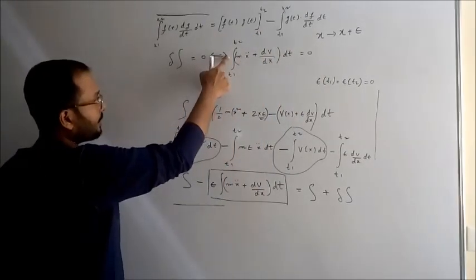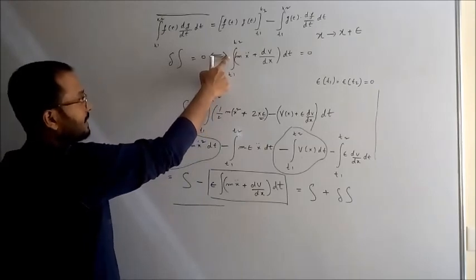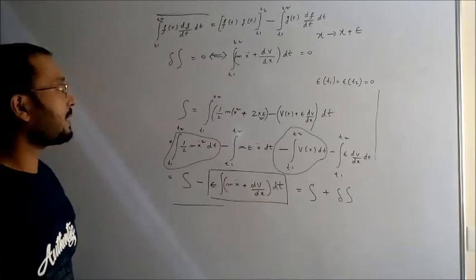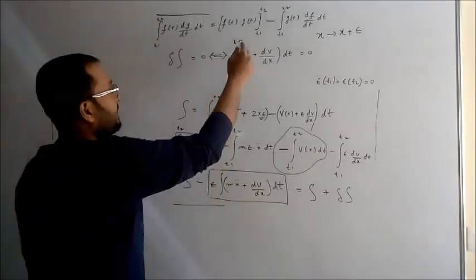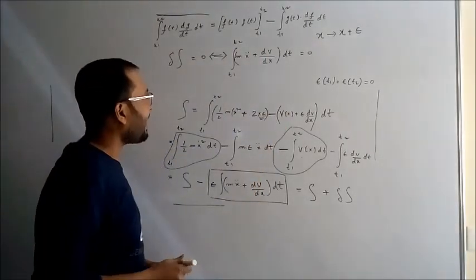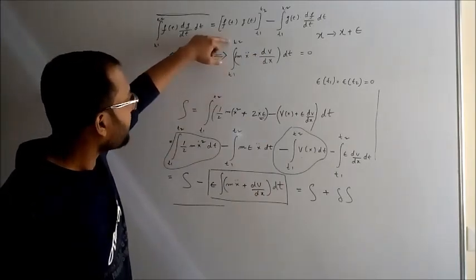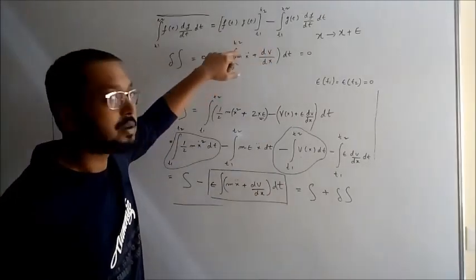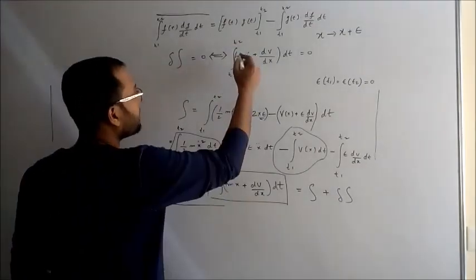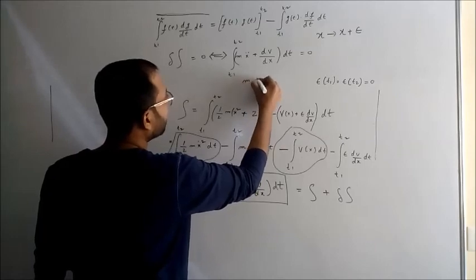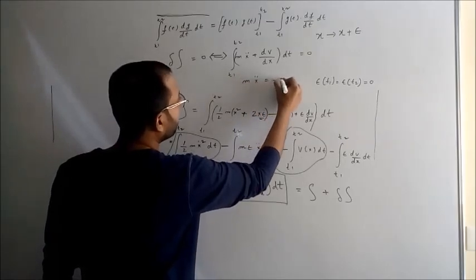I've taken the epsilon that was out of the integration sign to the right hand side, and 0 by epsilon still gives me 0 on the right hand side. Now, if this integral has to be 0 for any two arbitrary times, the only thing that is possible is that the integrand is 0. If I equate this to 0, I get m x double dot equals minus dV by dx.